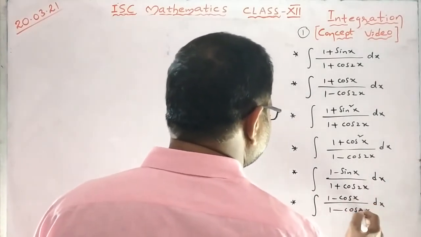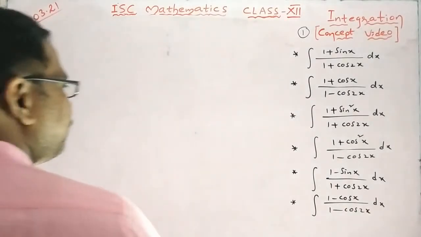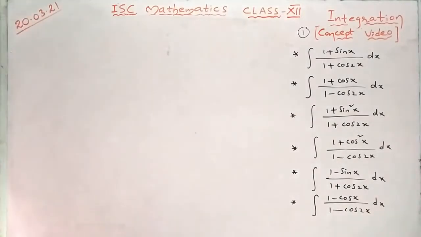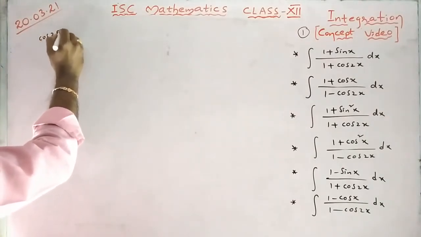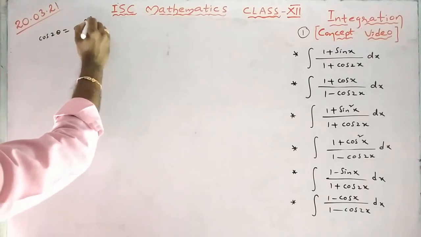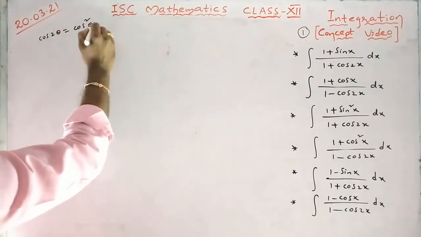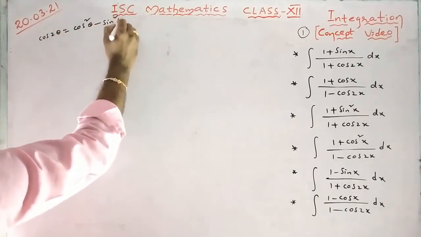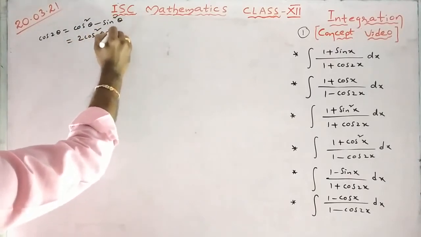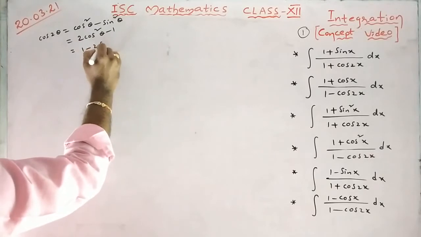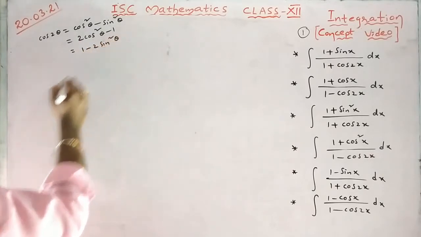See, same model problems. All these can be solved by using submultiple angles. Cos 2 theta formula. Cos 2 theta has got 3 formulae: cos square theta minus sin square theta, 2 cos square theta minus 1, 1 minus 2 sin square theta.